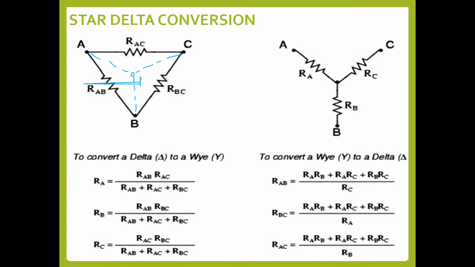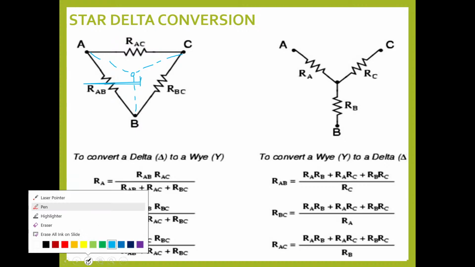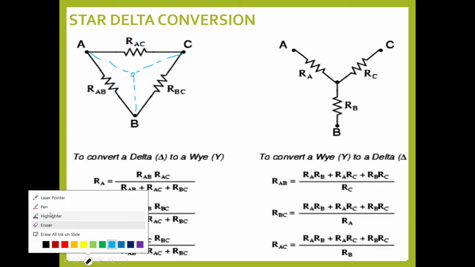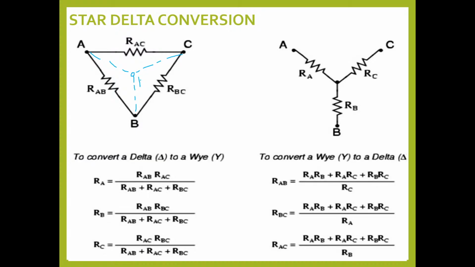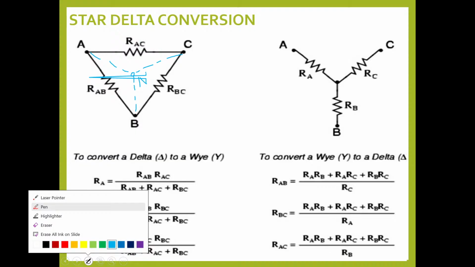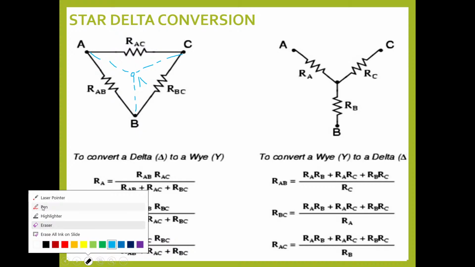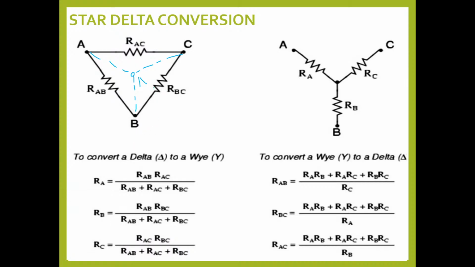So consider this dot as some node N. This is N.